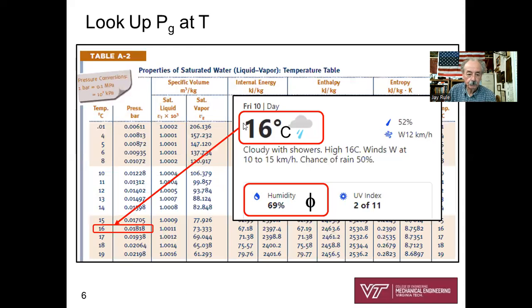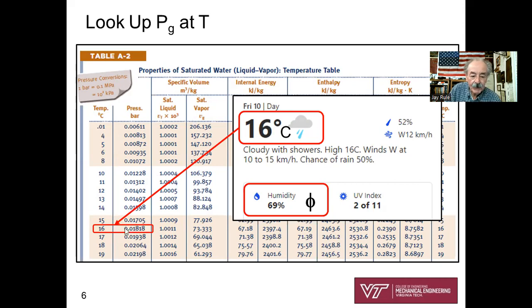All right. So the first thing we do is we need to look up P sub G, the saturation pressure at 16 degrees. So we'll go to our temperature table, H2O vapor, and we're going to see pressure in bars is 0.01818.